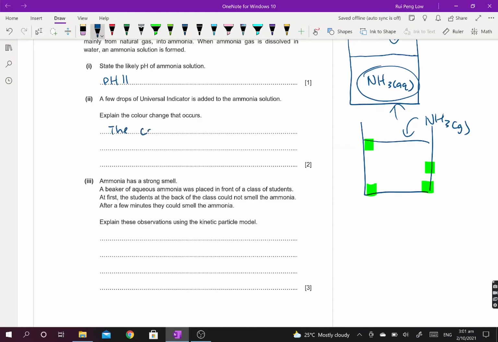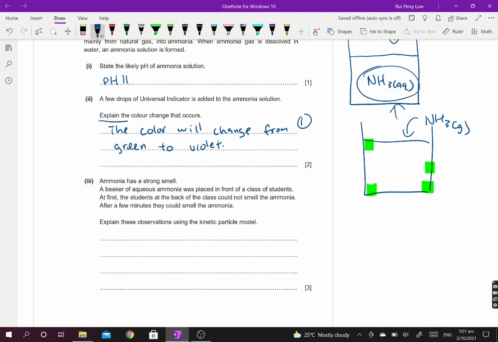The color will change from green to violet. Okay, so this is only 1 mark.